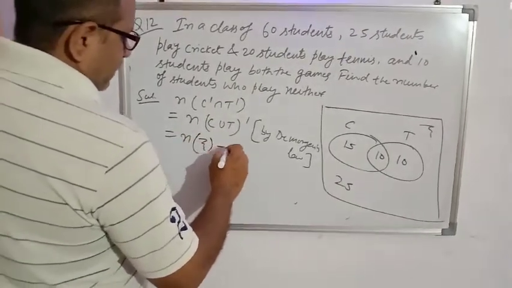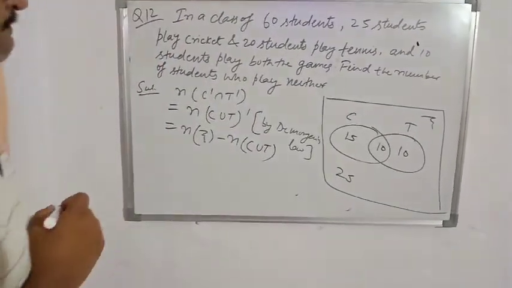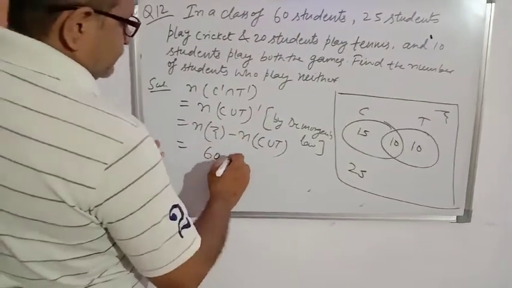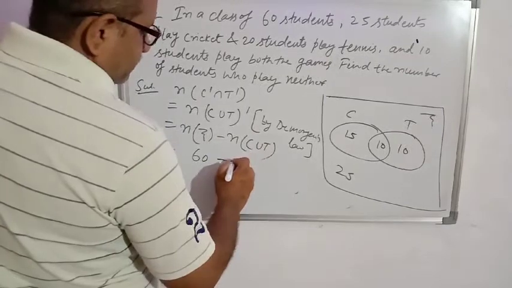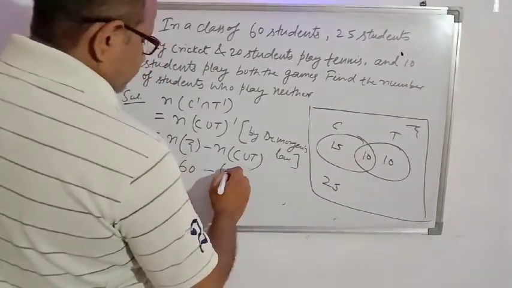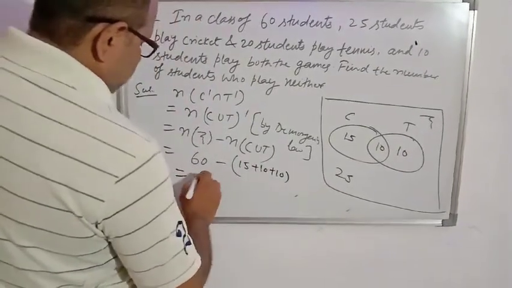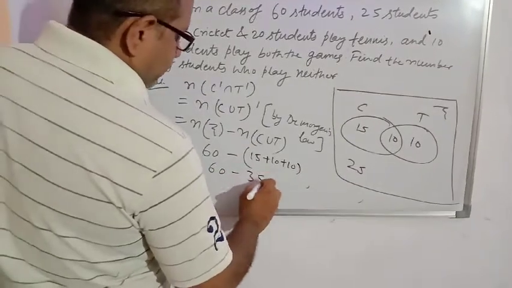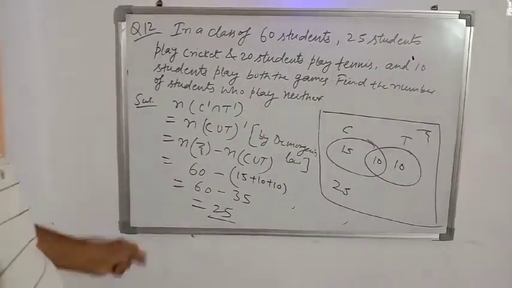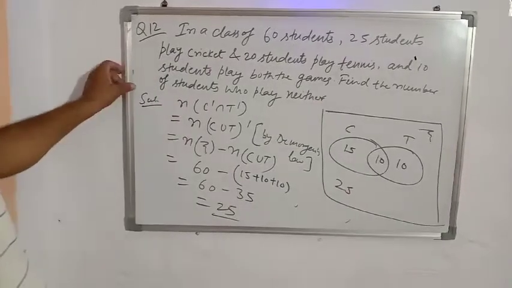Universal set minus the cardinal number of C union T. The universal set number is 60. n(C union T) means 15 plus 10 plus 10. So 60 minus 35 is 25. 25 students are there who play neither game. So in this way we can do question number 12.